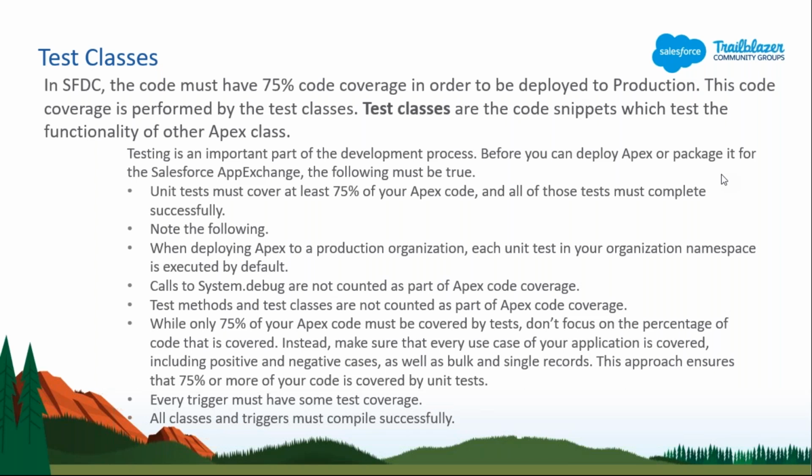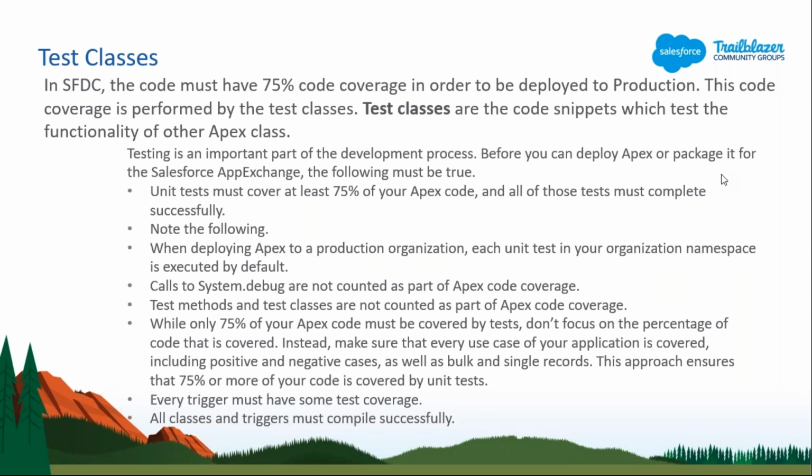In the test class, you need to create dummy data, and you can create an account, and the trigger will perform based on the account creation, and then it should create that contact. So the trigger should create that contact, and you can check that contact in the test class. That's how you can use test classes to cover your actual classes or triggers, and you can deploy them too.